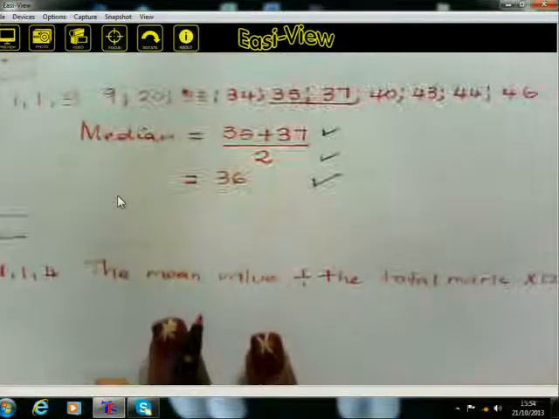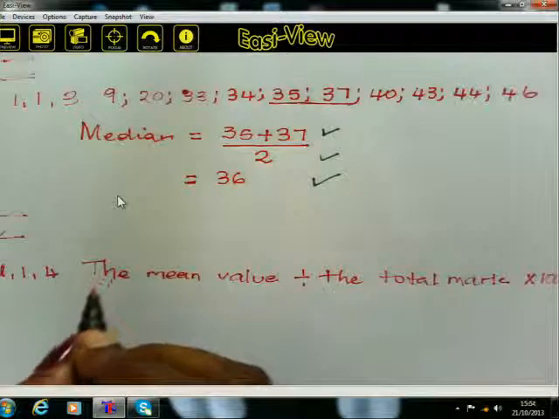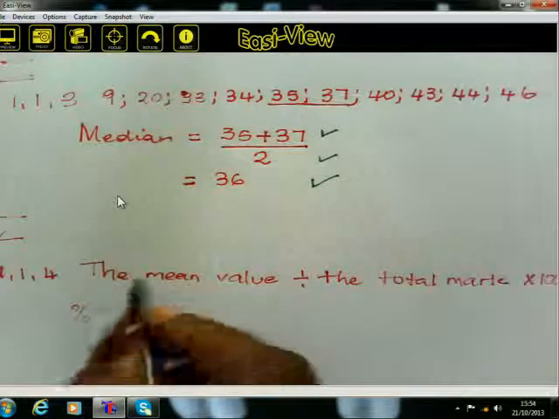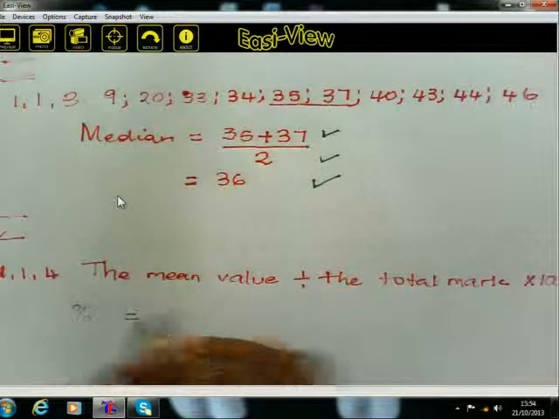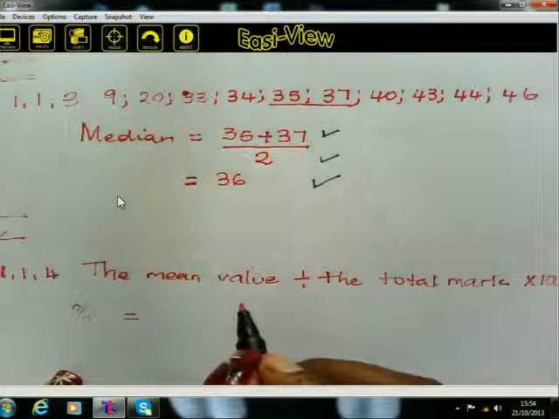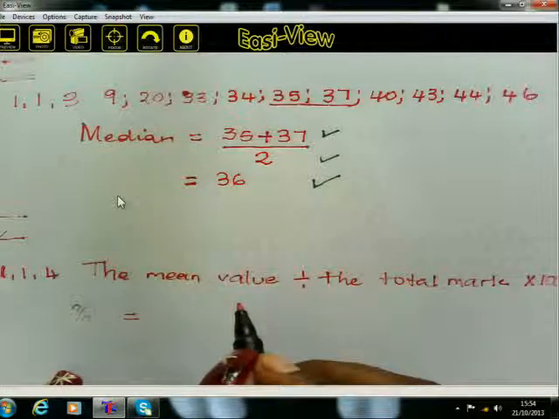So let us write it. We are looking for a percentage. Percentage equals, what is your mean value? Your mean value is 36.